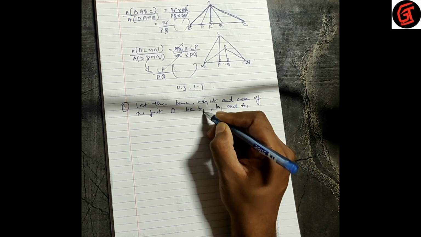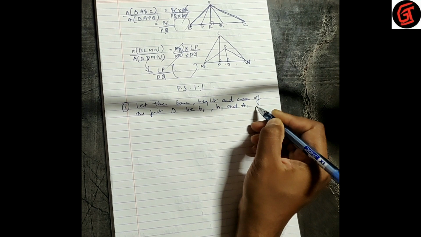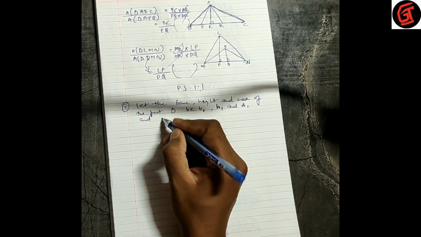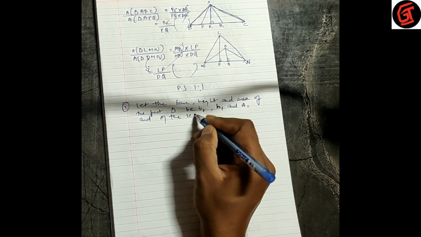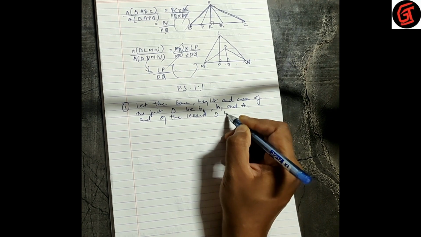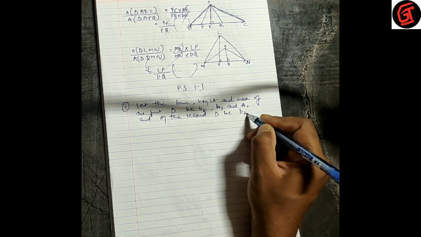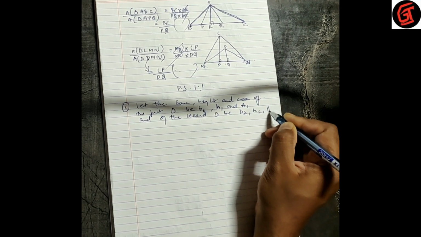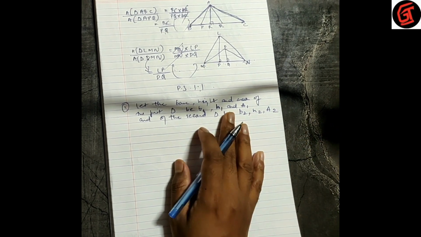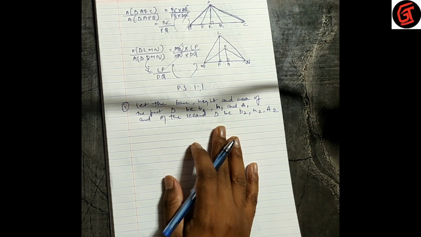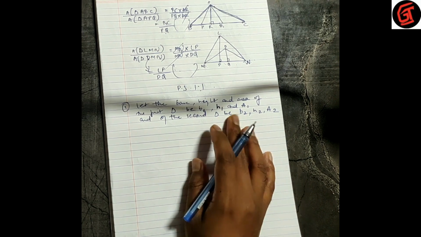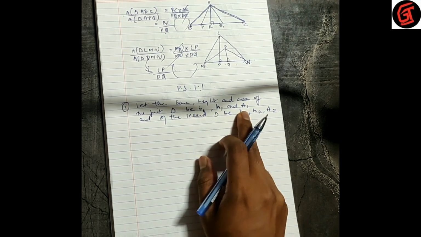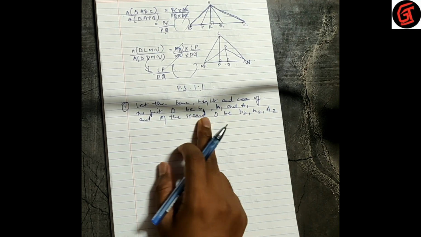Base 1, height 1, area 1, and of the second triangle be B2, H2 and A2. So in this we don't need to draw the triangles, we don't need to write separate names for the triangles. We have directly given these notations, so we can directly start.